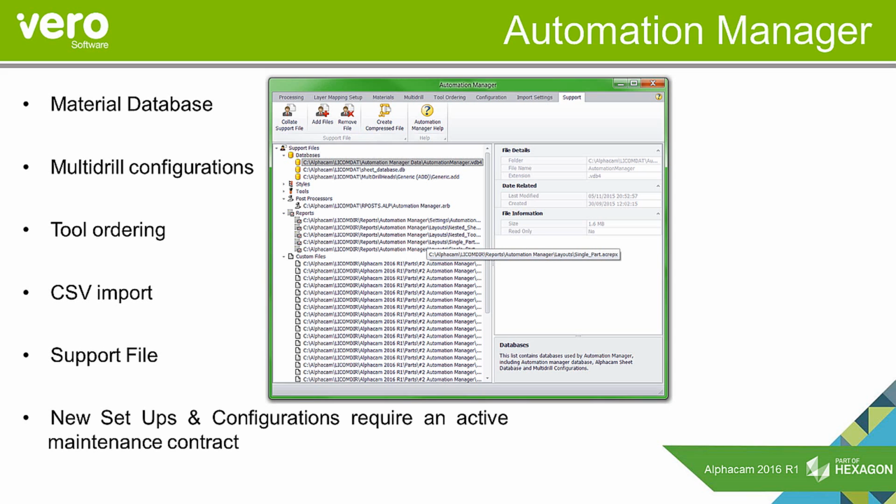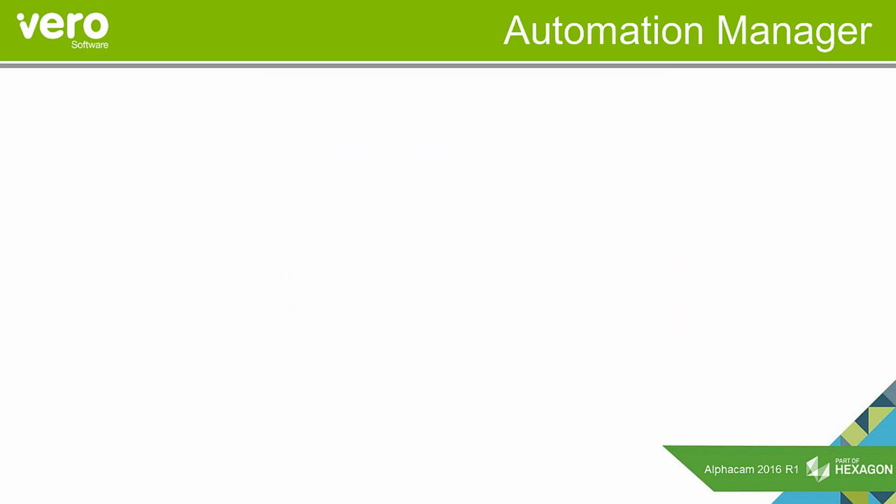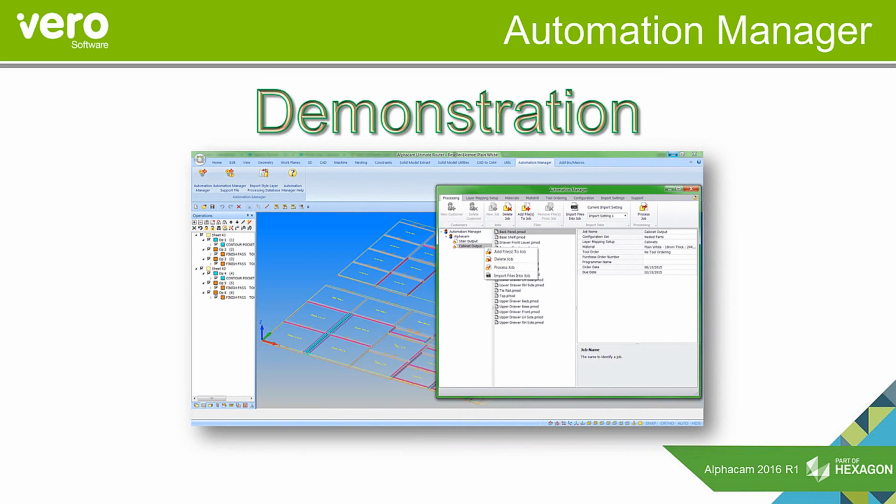New setups and configurations within the system are only possible if you have an active maintenance contract. So now let's go and look at a demonstration of Automation Manager within Alphacam 2016 R1.